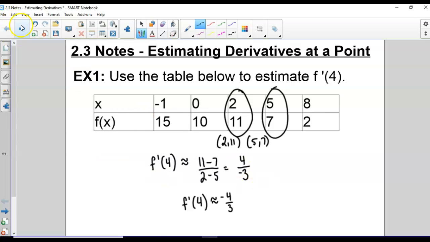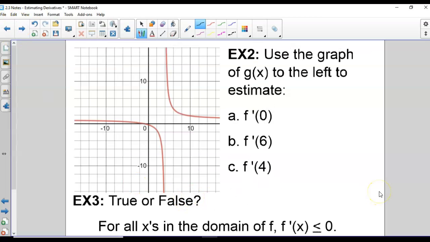All right. So the other thing that we're going to do here is estimate derivatives from graphs. Use the graph of g of x, over here to the left. We're going to use that graph to estimate f prime of 0, f prime of 6, and f prime of 4. So for a, f prime of 0, we're looking at this point right here on the graph.